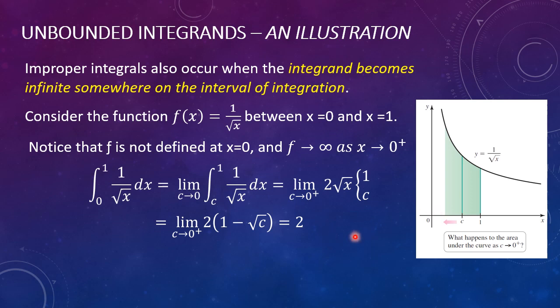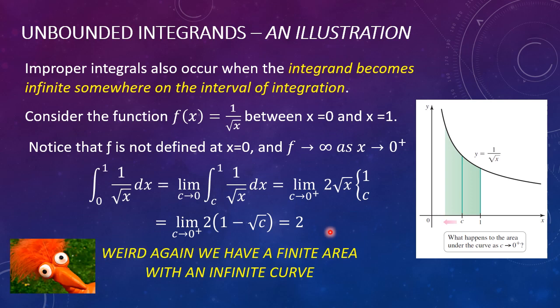And so our area under the curve between 0 and 1 is equal to 2, which is another weird answer, because we have a finite area under an infinite curve, a curve that keeps going on up to y equals infinity. So again, another kind of strange and counterintuitive idea.